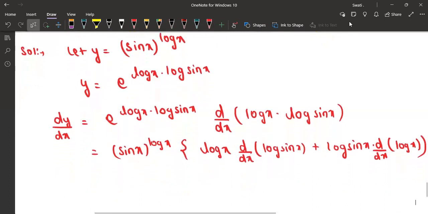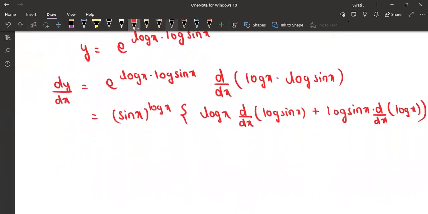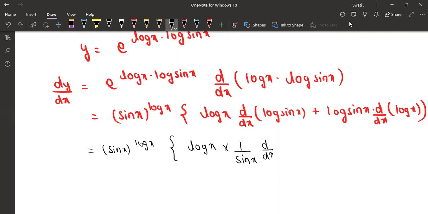Now we can simplify this. So the first step as it is, this is sine x raised to log x as it is. And here if we do the derivative, log x as it is, the derivative of log sine x, using the formula of derivative of log x, is 1 over x. So this will become first 1 over sine x, and by again chain rule, we will do the derivative of sine x, so that we will do in the next step.